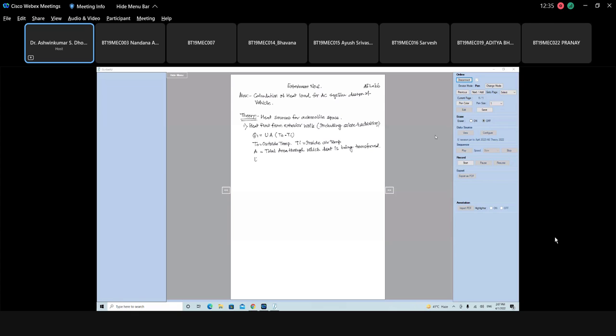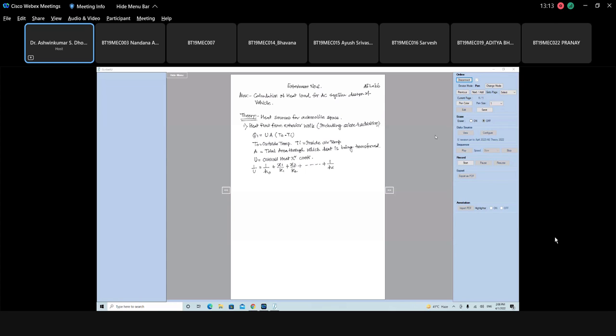U is the overall heat transfer coefficient, overall heat transfer coefficient, and this is given by 1 by U is equal to 1 by HO plus x1 by k1 plus x2 by k2 plus so on plus 1 by HI.